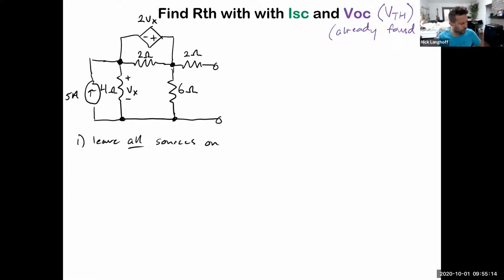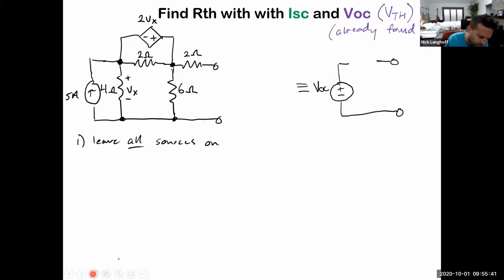Now I'm going to draw the equivalent circuit of what this looks like. In this case, it will look like the Thevenin equivalent circuit, where this is VOC. We actually already found that. That's V Thevenin.